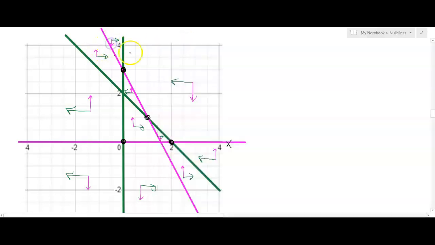Those point down as well, since that's to the right of this nullcline, the points kind of come up like this. They break through here, point to the right and up. They hit this Y nullcline. The green arrows all suggest that that point's going to go through here. And now that point has to move down and to the right.